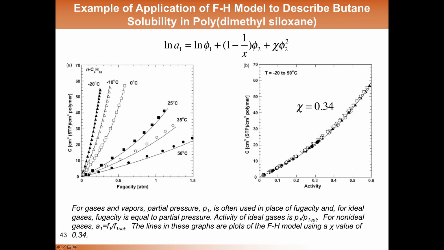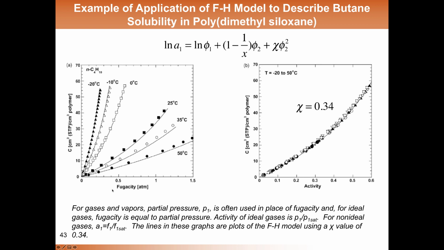And remember that there's 22,414 cc's of any gas in a mole, so this is essentially moles of butane per cc of dry polymer. That's a common way of reporting gas uptake in polymers, and it's plotted as a function of pressure.